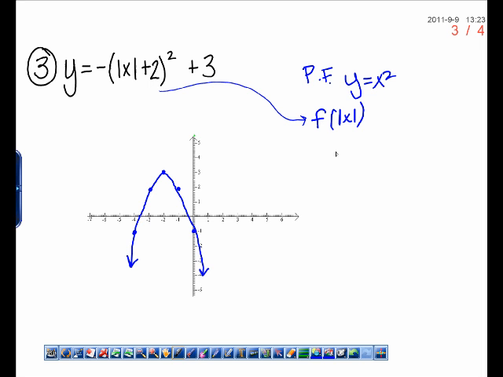Good. So we're going to keep our positive x's. And then what with them? Reflect them across the y-axis.